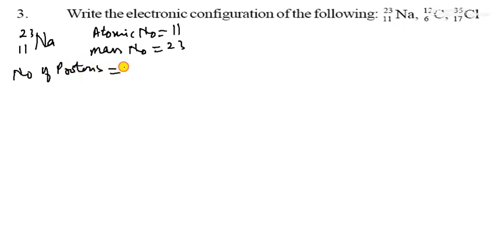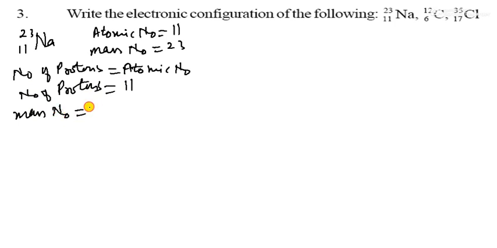Now the number of protons is equal to the atomic number. So it is 11. It is the number of protons. And mass number is equal to number of protons plus number of neutrons.